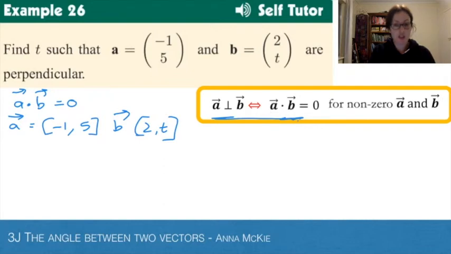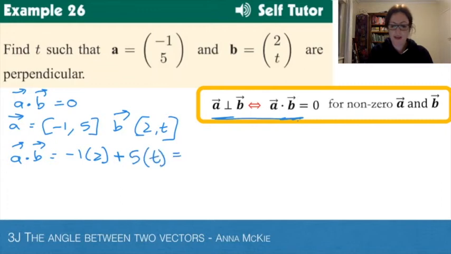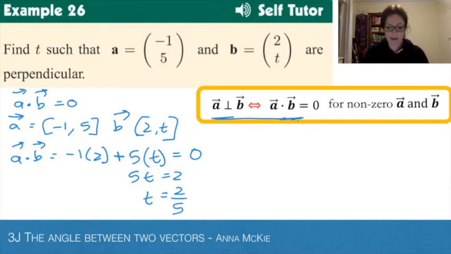Then I'm going to do the dot product of those. You multiply corresponding terms, so what's in the first position of each, and then we're adding on the second terms multiplied together, and we're saying that if they are perpendicular, that dot product will be equal to 0. Then we rearrange and solve for t. So t has to be 2/5 if they're to be perpendicular.